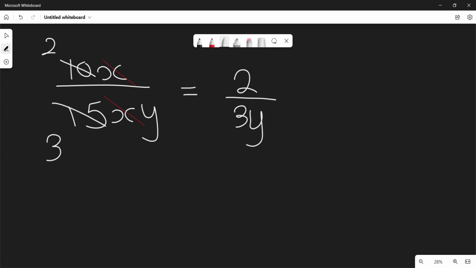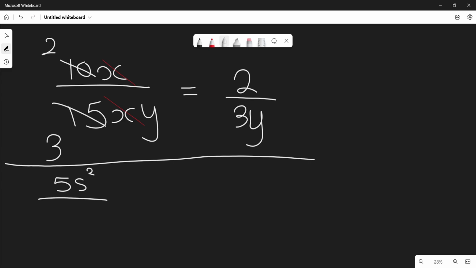In this example, we had to reduce both constants, meaning numbers, as well as our letters, right? The next example is 5s squared all over 20st, right?